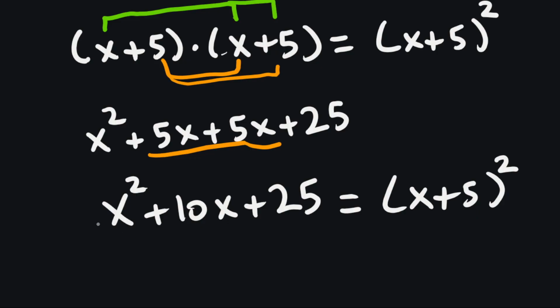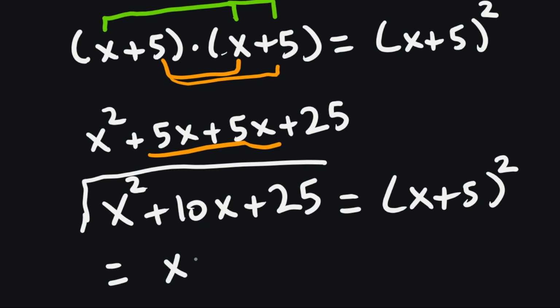So in other words, if you take the square root of this entire trinomial, you will get x plus 5. Therefore, this is a perfect square trinomial because you can take the square root of it and you get a nice binomial. And then (x + 5) times (x + 5) will get you back to x squared plus 10x plus 25.